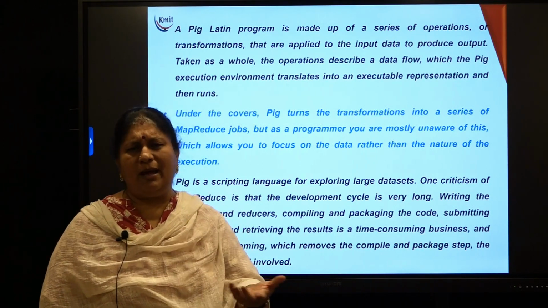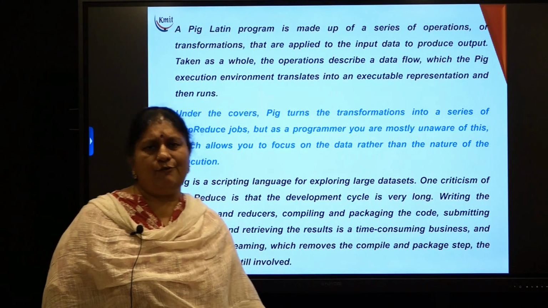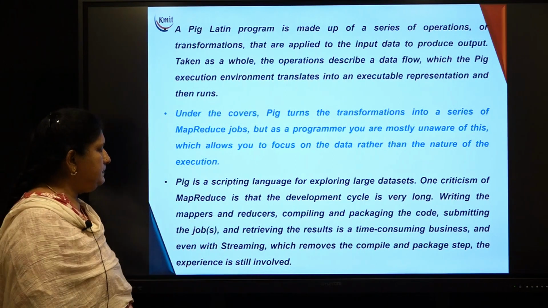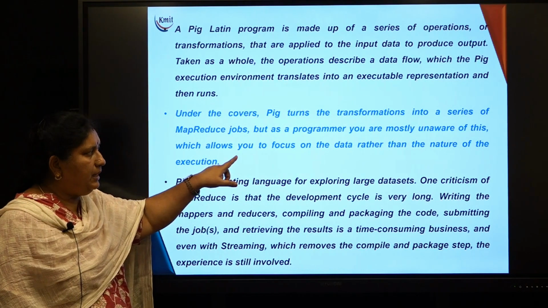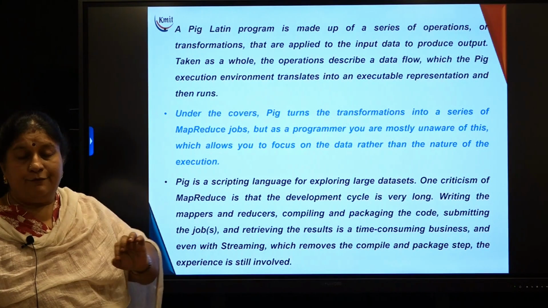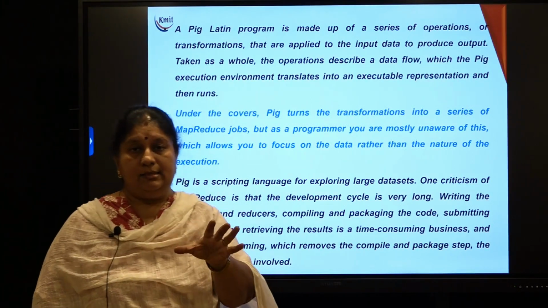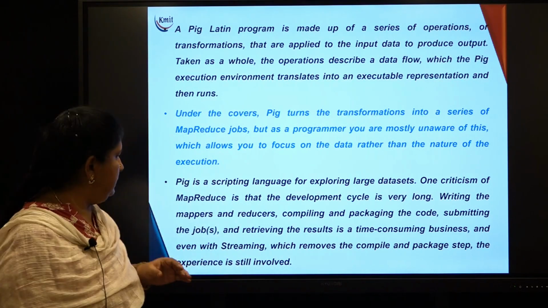A single statement or maximum 4 to 5 statements are converted into a series of MapReduce jobs. So the user, because he is relieved from the burden of writing a big MapReduce program, can concentrate on the data flow and analyze rather than simply bothering to write big programs.